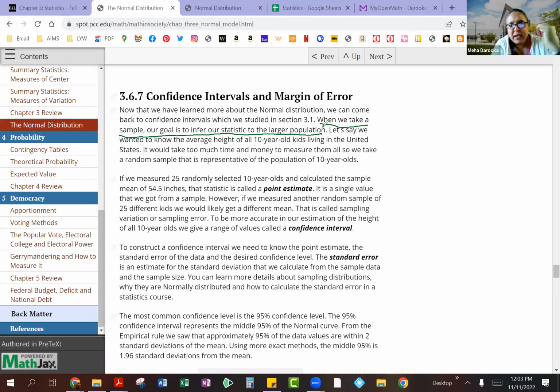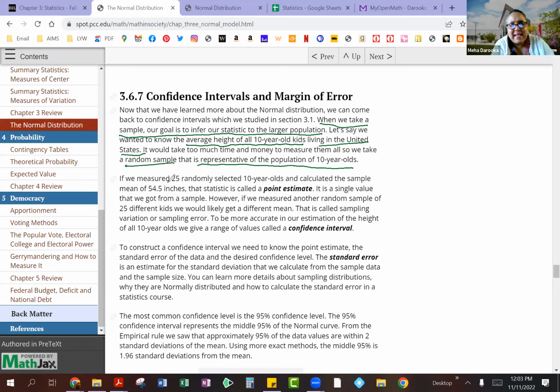So here they're just talking about an example of what if we wanted to know the average height of 10-year-old kids who are living in the United States. Now, obviously, we cannot talk to all of them, so we would do a small sample, which would be a good representative for our population.